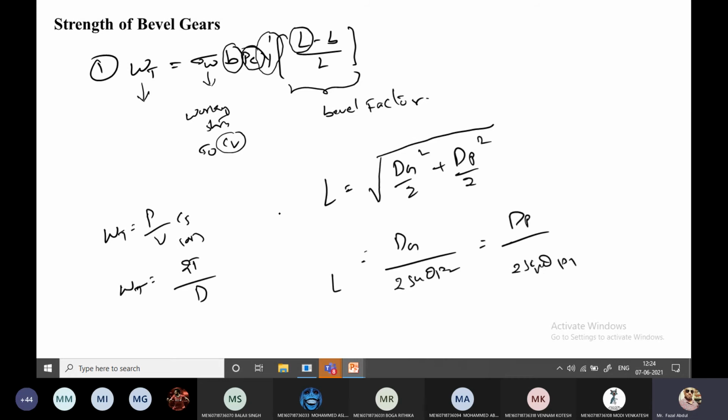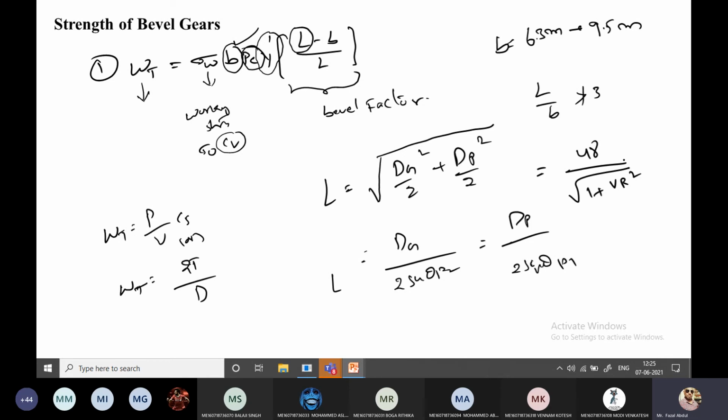Now for safety of operation for the bevel gear arrangement, the face width we need to maintain is 6.3 modules to 9.5 modules, and the L by B ratio should not exceed the value 3. The minimum number of teeth we need to maintain on the pinion to avoid interference for the bevel gear arrangement is given by the equation 48 by square root of 1 plus VR square.